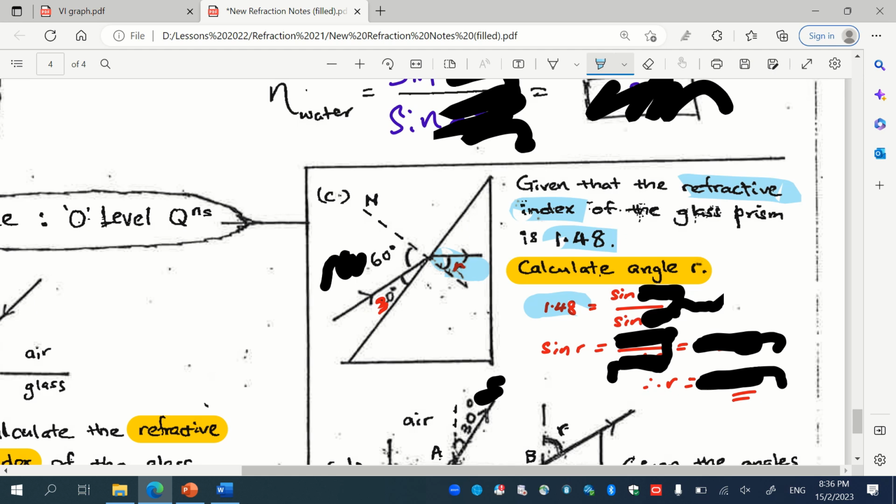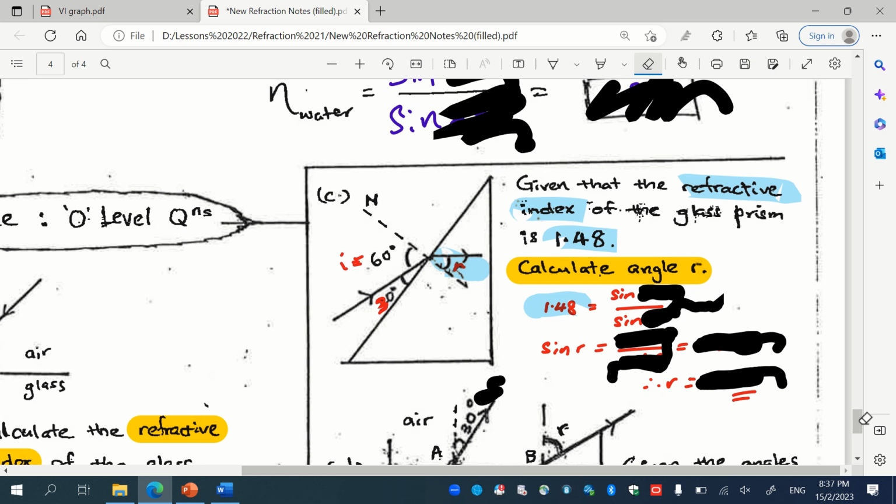Again, you still have to identify your normal line so that you can tell which is your incident angle, angle I. Is it the 30 degrees or is it the 60 degrees? Between the ray and the normal line, that is my angle I. So my angle I is 60.